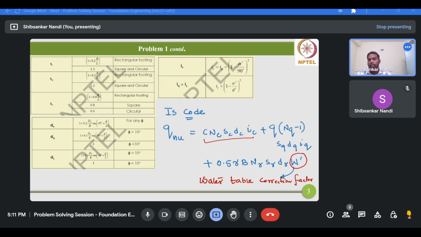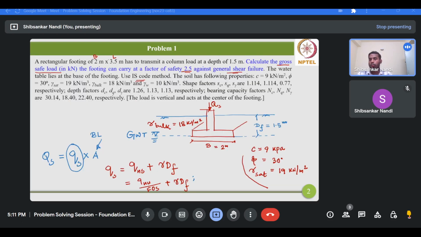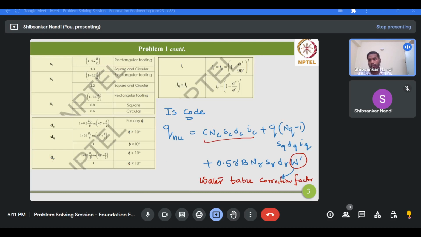This is known to you, since the width is 2 meter and the length is 3.5 meter for the given rectangular footing. So you can easily determine Sc, Sq, S gamma, even though these factors are not directly given to you.